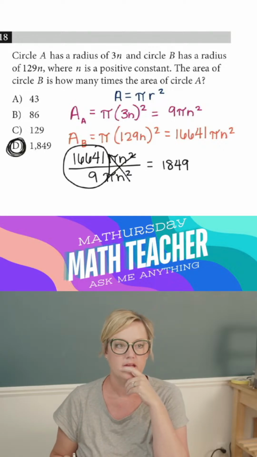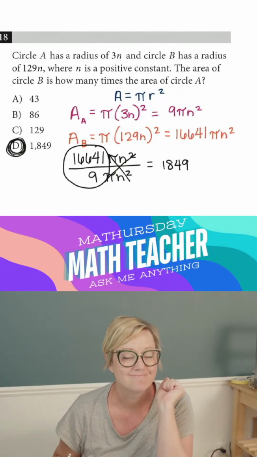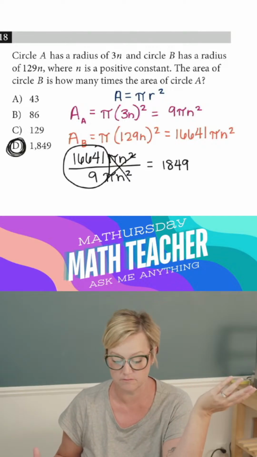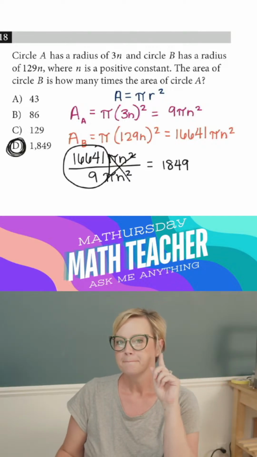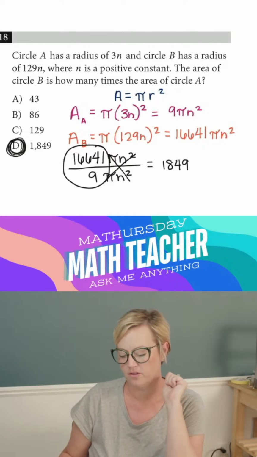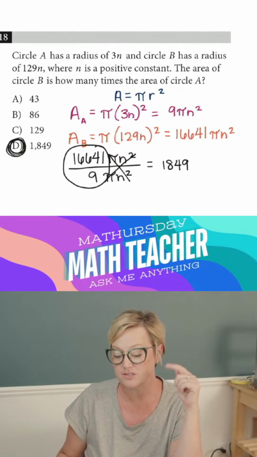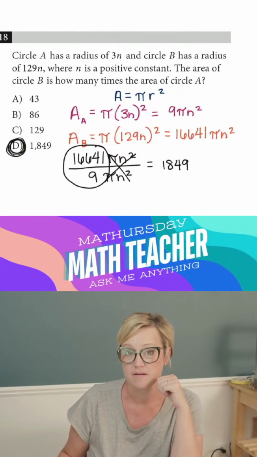Okay. Those of you who got A, I'm assuming that you probably did 129 divided by 3, which is 43. Perfect. But what you might also want to look at is what is 43 squared? 43 squared is 1849.